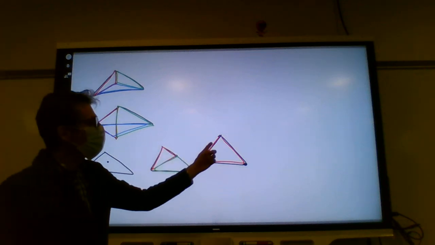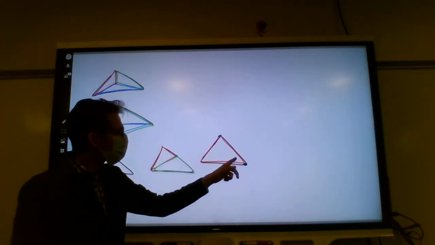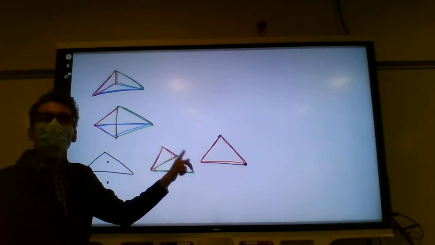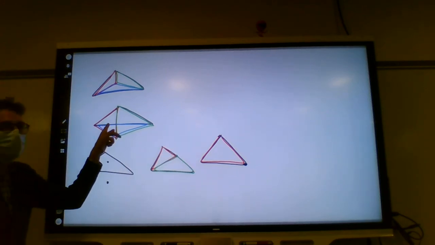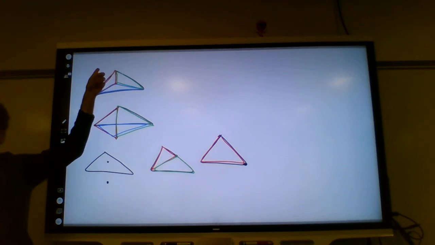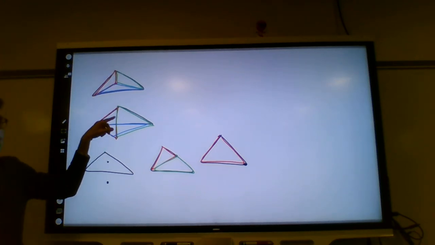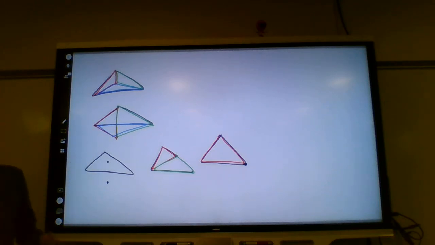And so if two of the pieces were 0, then a point is on the corner. If one of the pieces is 0, then the point is on the side. If neither of the pieces is 0, but the areas all match the original, the point is inside. And if the areas add up to be more, then the point is outside.